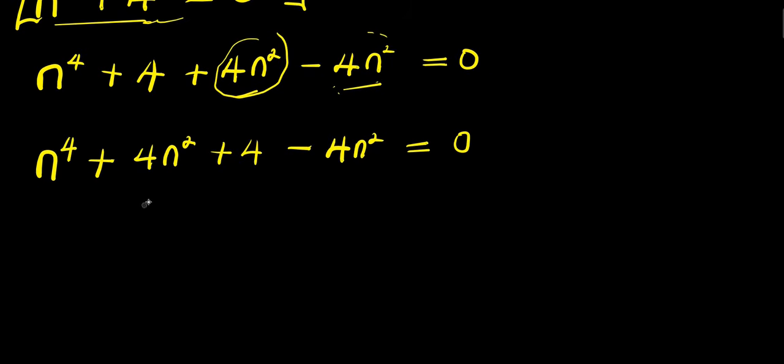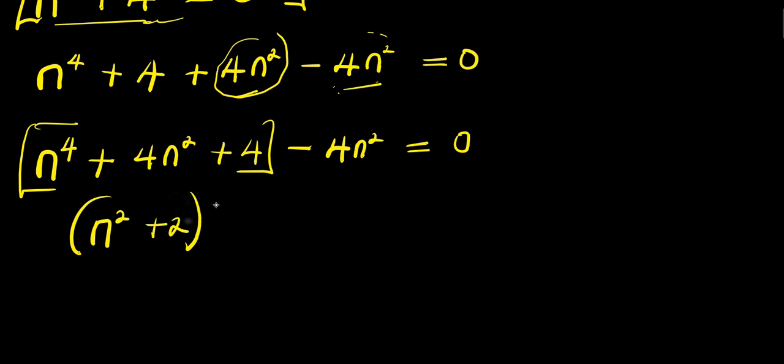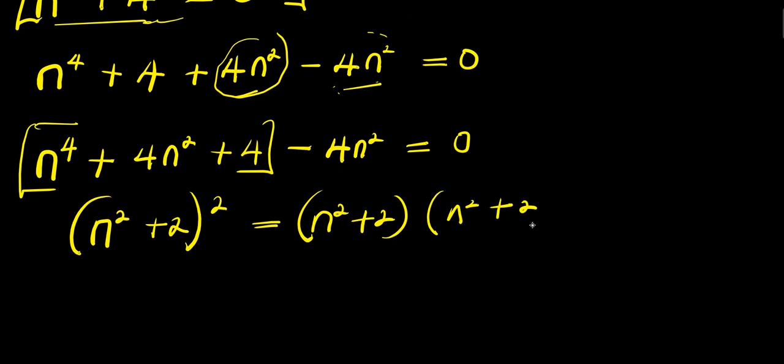So at this particular point, this part of the equation here is factorizable, because if I have n power 2 plus 2 and raise it to the power of 2, this equals n power 2 plus 2 times n power 2 plus 2.